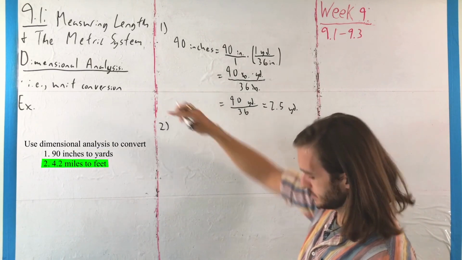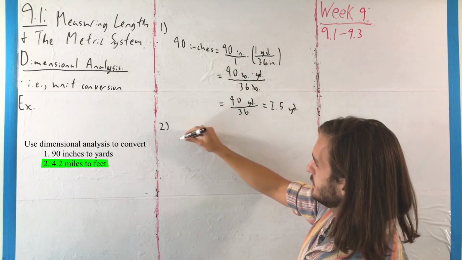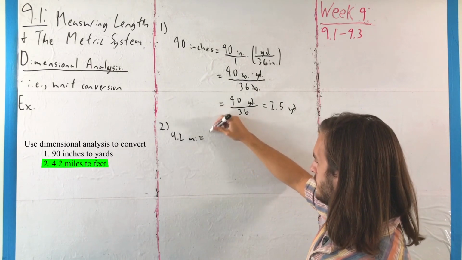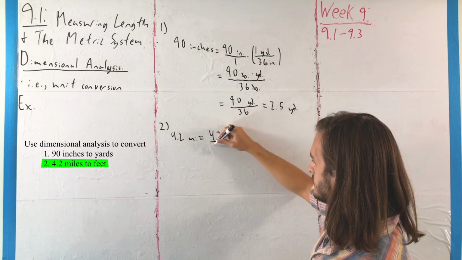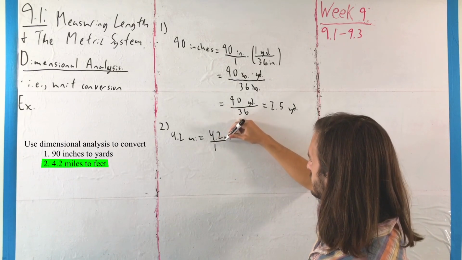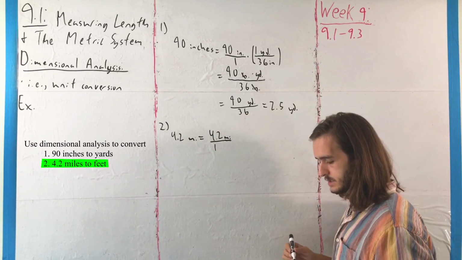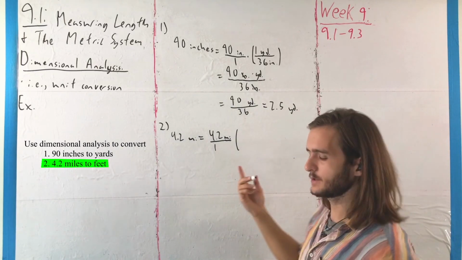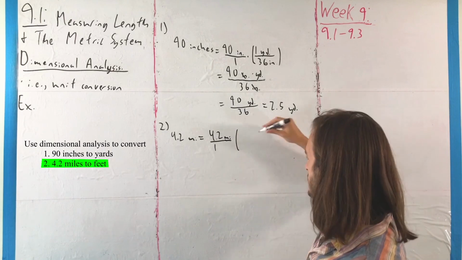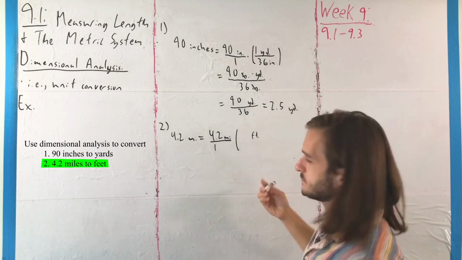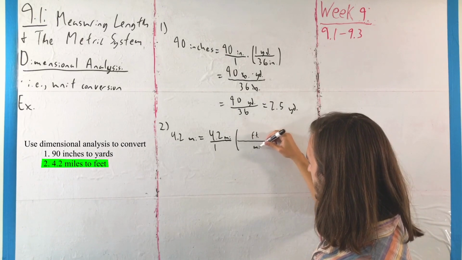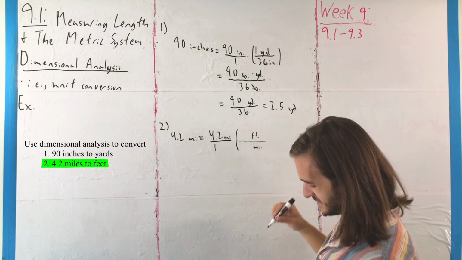For our second case, we're going to do basically the same thing. We have 4.2 miles, and we want to convert that to, in that case, feet. So we have to think about the relationship in terms of feet and miles. And I don't think I gave myself enough space, but that's okay.